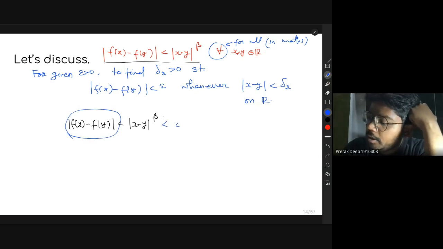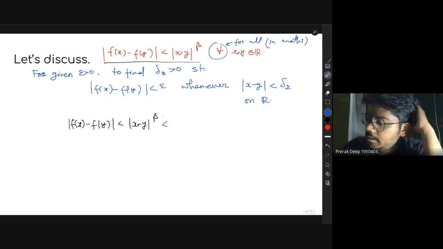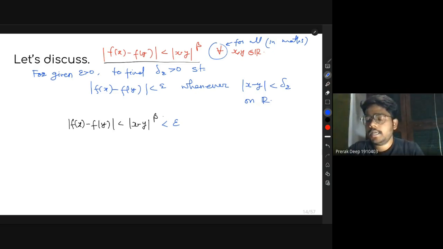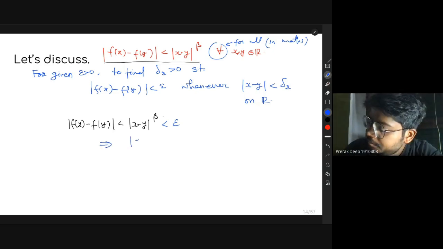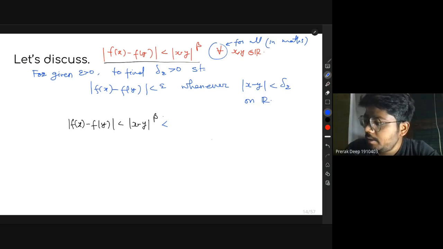So let us say this whole thing is smaller than epsilon. Then this thing will be smaller than epsilon. Or better, you can assume that this thing is smaller than some delta.